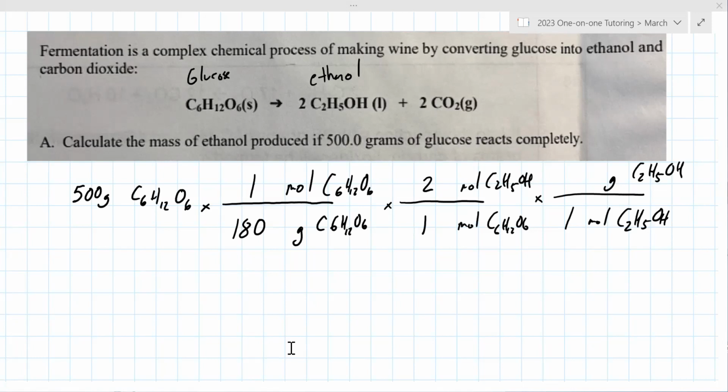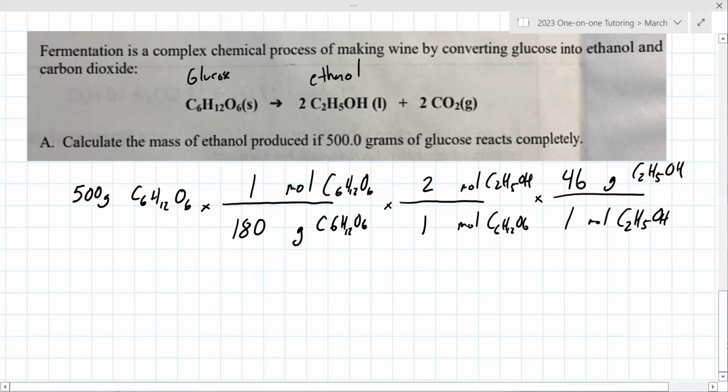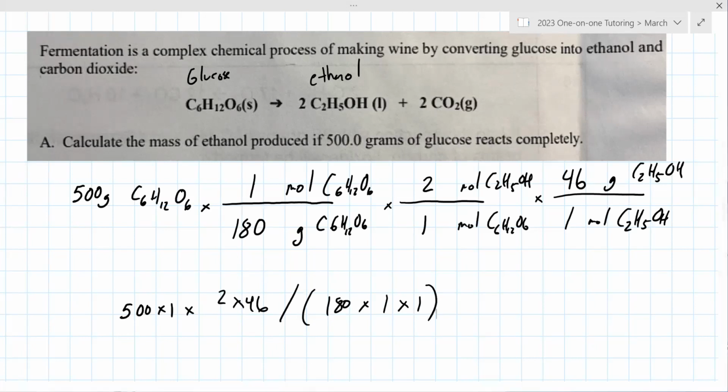Uh, 46. Yes. Now you have to do the calculation. Again, just be careful. You're multiplying everything on the top divided by, and on the bottom you have to use parentheses or your calculator won't know what to do.